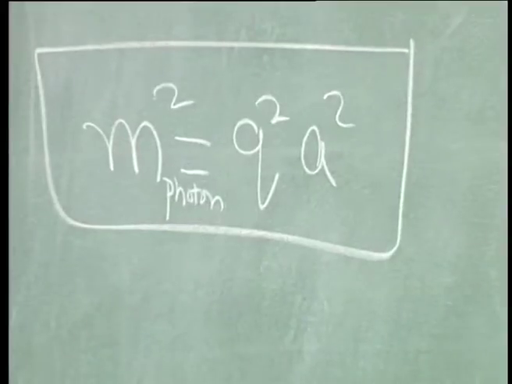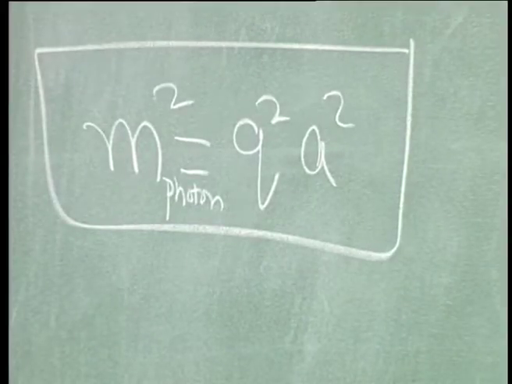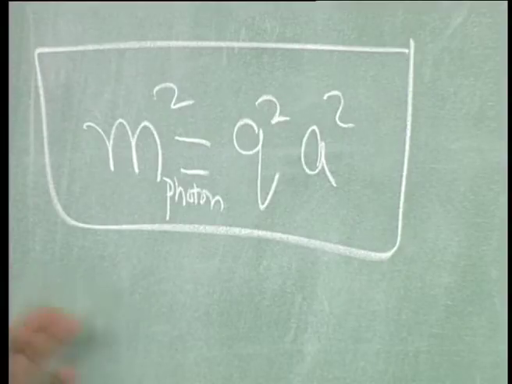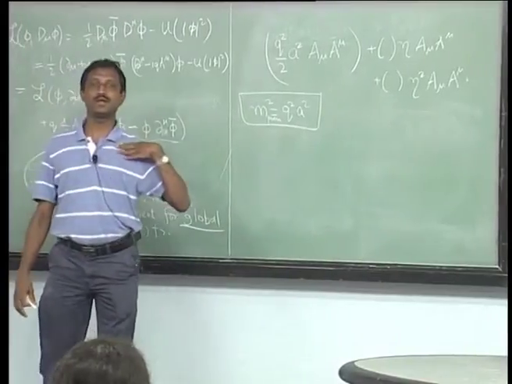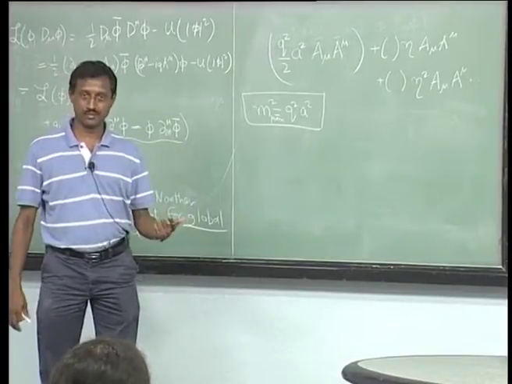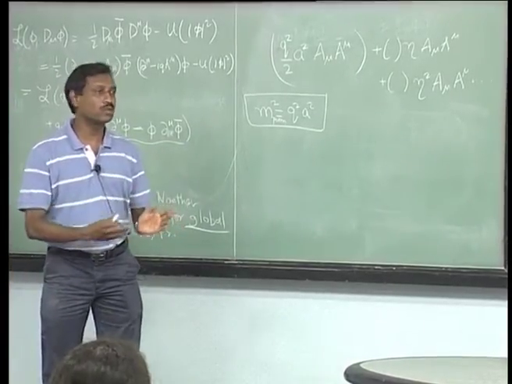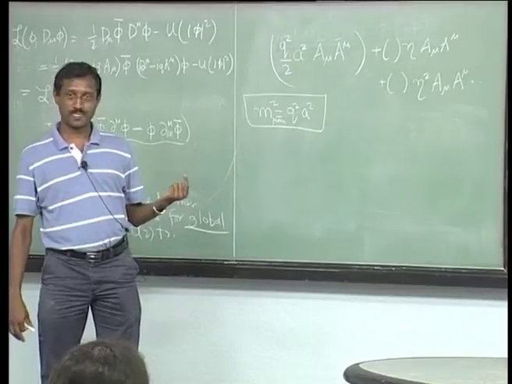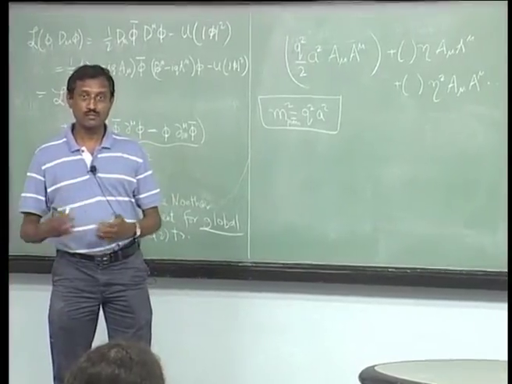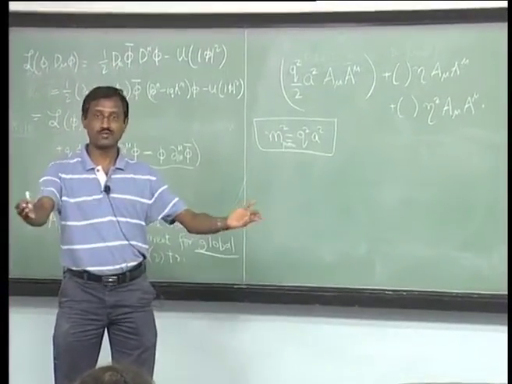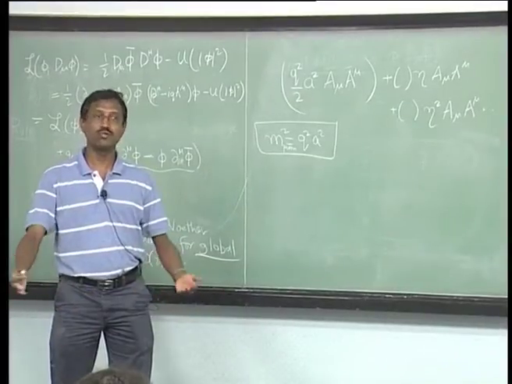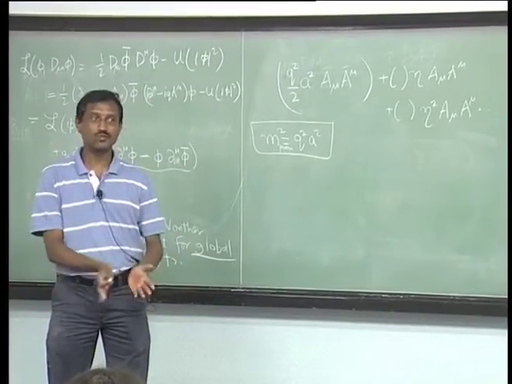Okay. And the reason this has to happen is because if you have a massive photon, it should have a longitudinal mode. A longitudinal mode is roughly equal to one scalar particle, one scalar field, while a real massless photon, which we know in real life, has no longitudinal mode, it has only two transverse modes.